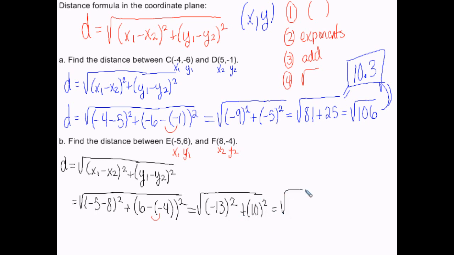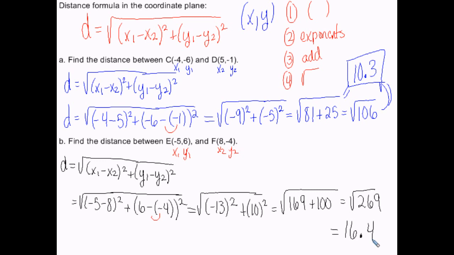Okay, so the 13 squared is 169, 10 squared is 100. So I get the square root of 269, which I don't think is perfect. Nope, it's not. And that's going to be 16.401, so I'm just going to call it 16.4.